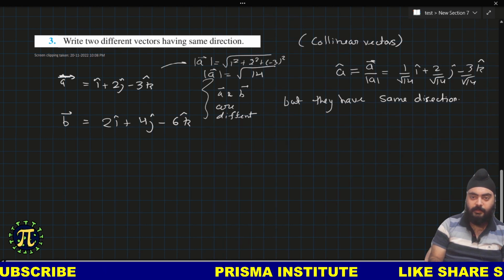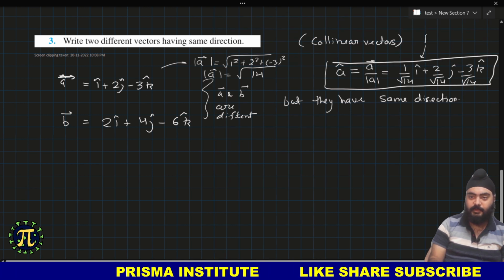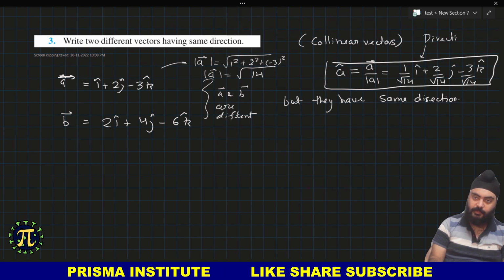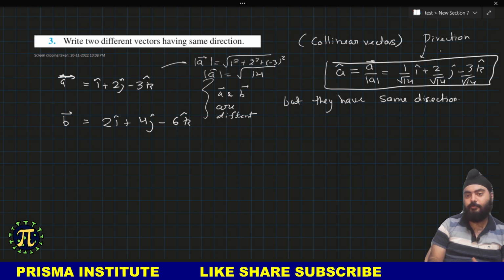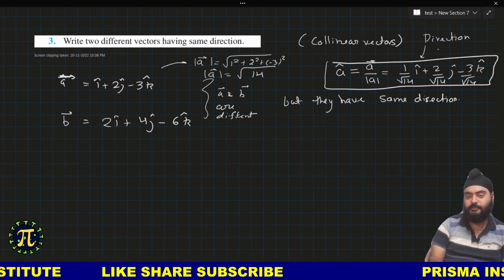Okay, and so this is the direction of A vector, right? I will repeat, unit vectors are there to tell you what is the direction of the vector, right?